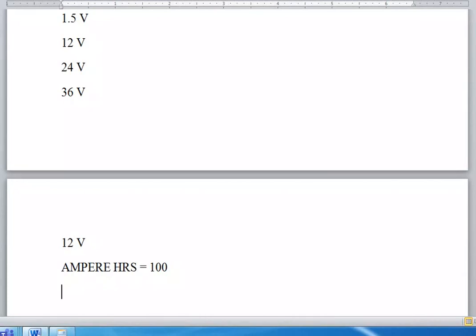Please remember, this is a big question in our subject. Okay, what is the meaning of it? In the battery which you have purchased, which is 12 volts, suppose if you say the capacity of the battery is 100 ampere hours, the meaning of the sentence is 100 amperes are given by the battery in 1 hour.